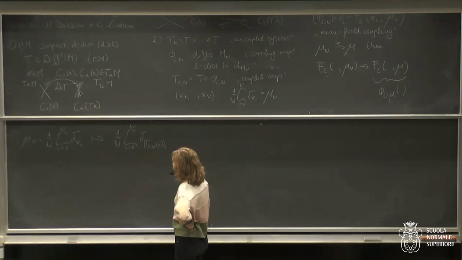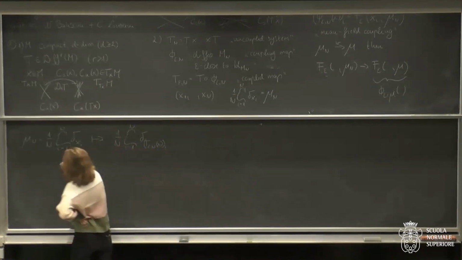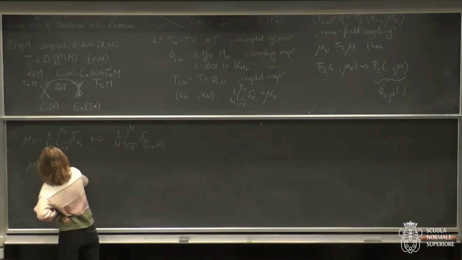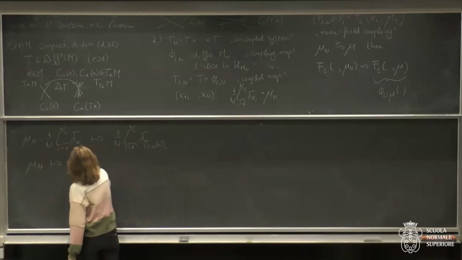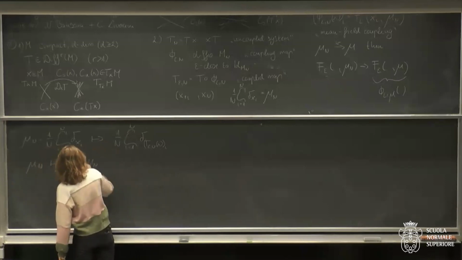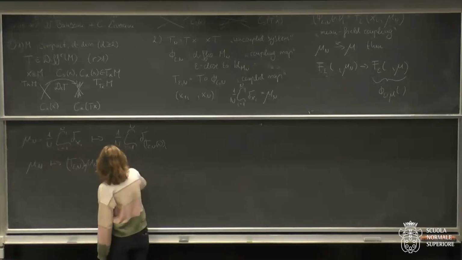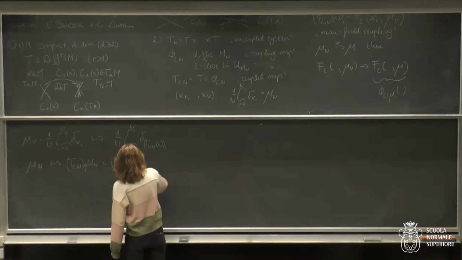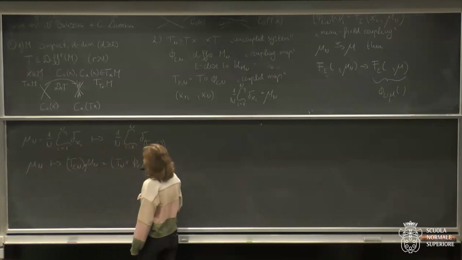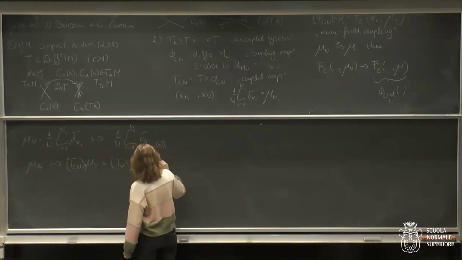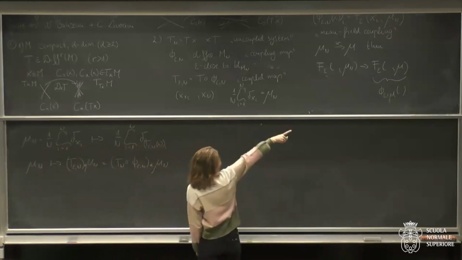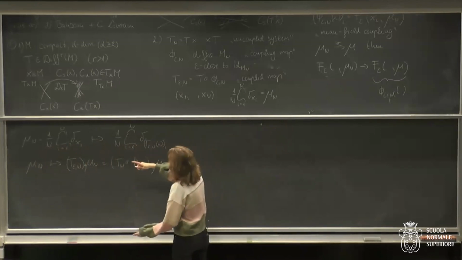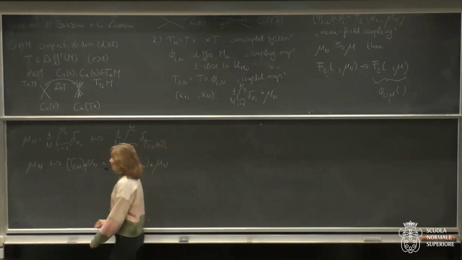So how can I write this differently? I can write this as mapping the measure mu n to the push forward of mu n by this map, which was the composition of Tn and phi epsilon n, right? And this is something we can generalize to the case when we are not working with these empirical measures, but some more general measures.